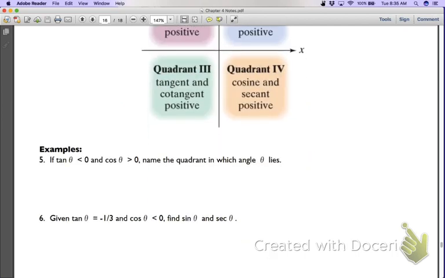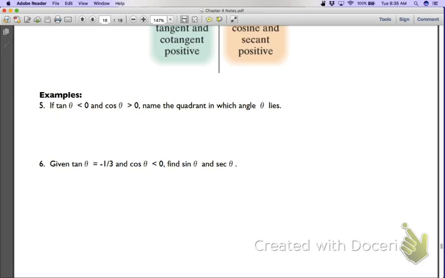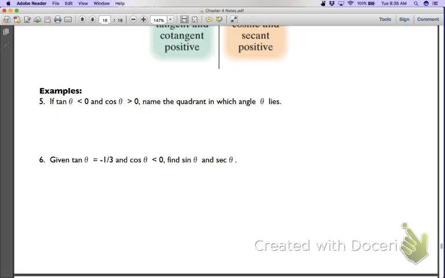What it just gives us is really, if tangent is negative, so it says when tangent is negative and cosine is positive. So where is tangent negative and cosine positive?